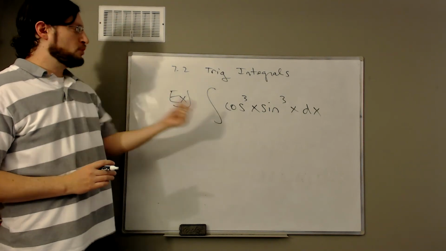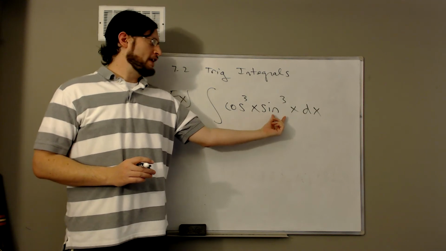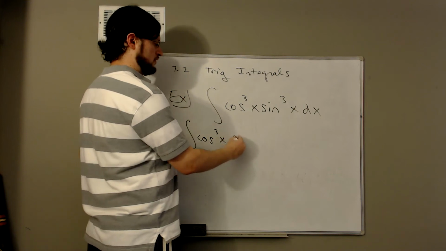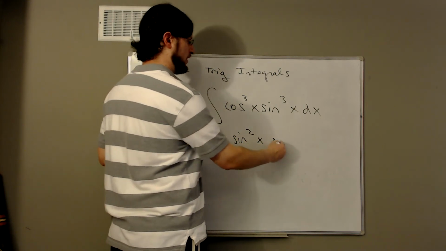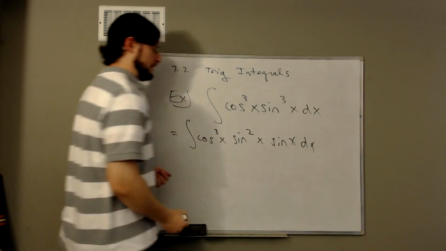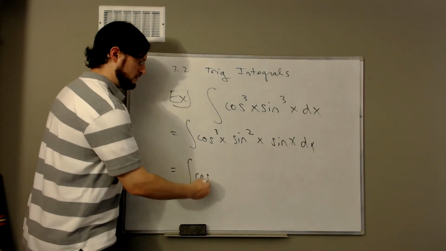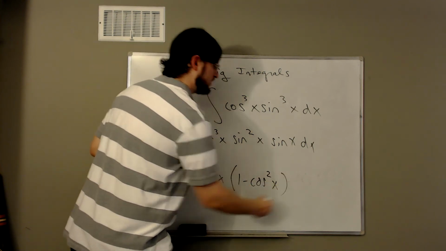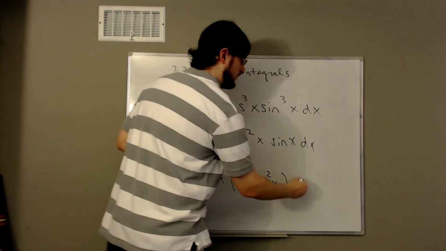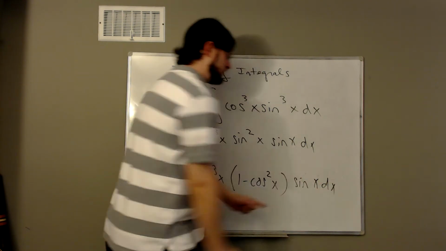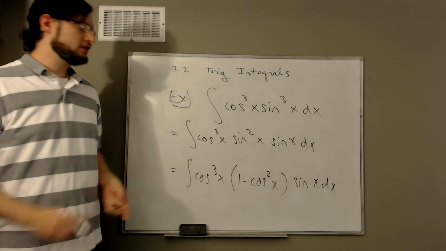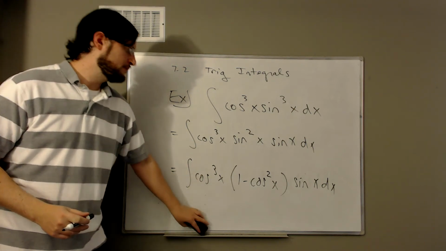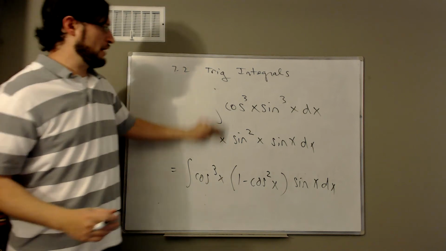For this example, we can save one of those sines. Write it as sine squared x, sine x dx. The sine squared we can write as 1 minus cosine squared. And now we have a single sine and everything else is cosine, and in that situation, we can let u equal cosine and solve the problem.